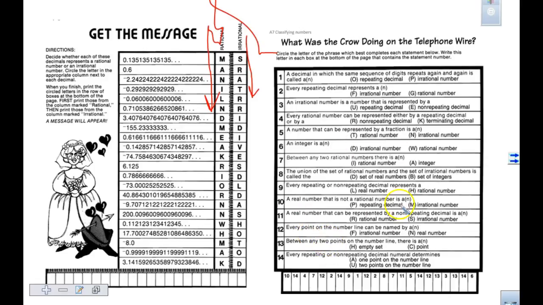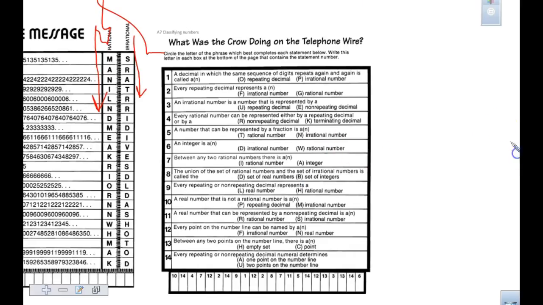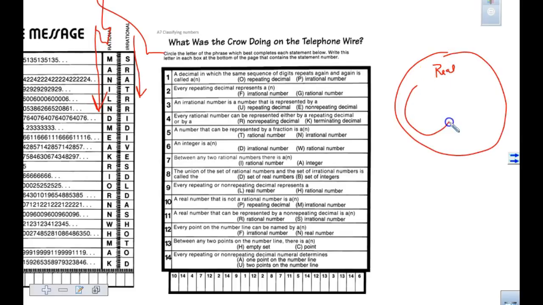If you struggled with this page, my hint would be go back over your notes from yesterday and make sure that is making sense to you. When we looked at that circle, we had the real numbers, and within the real we had a category for rational and a category for irrational, right?